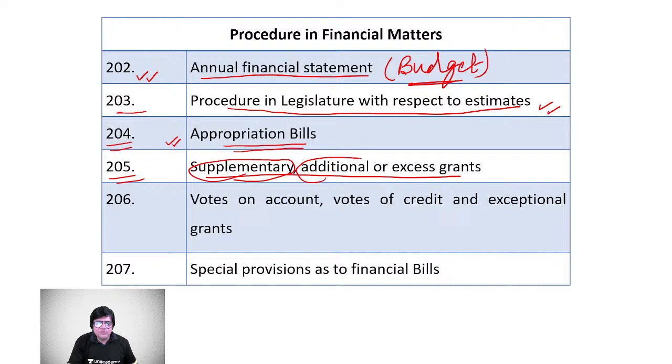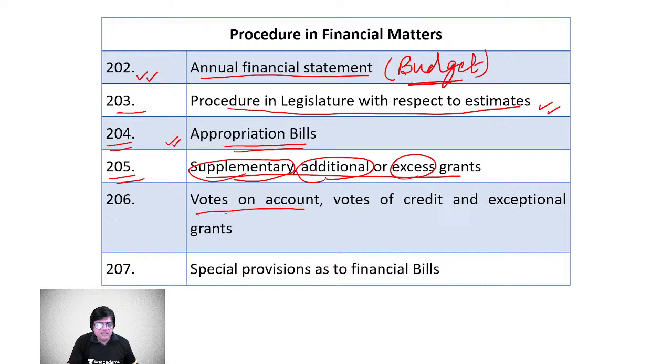Additional grants are moved if there is a new head or a new work. Under a new head or new work, when expenses are to be met, then additional grants are required. And an excess grant is required if the state executive has incurred expenditure in excess of what was granted by the state legislature earlier, in order to get that regularized.